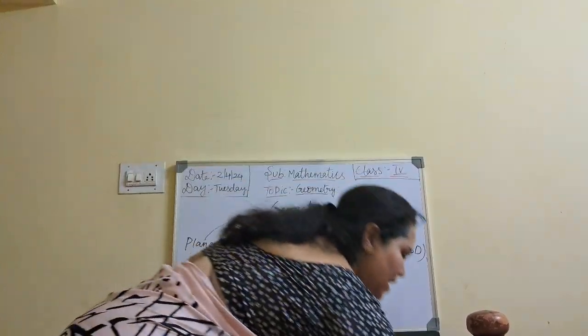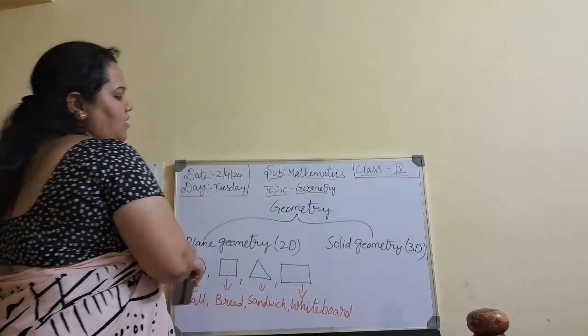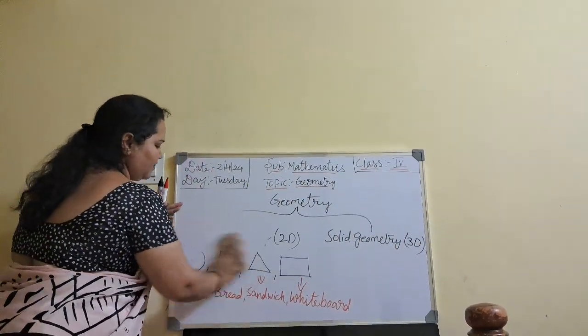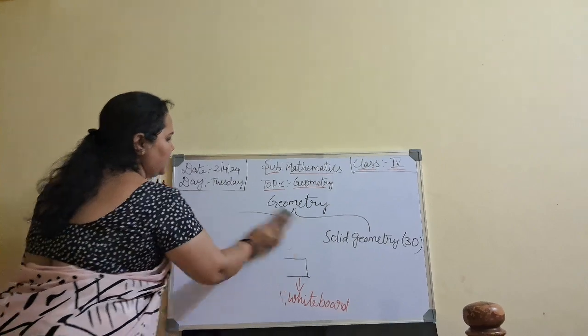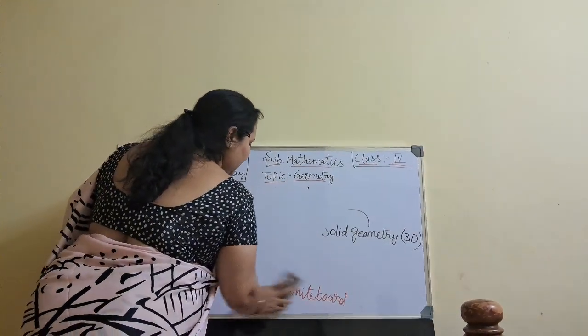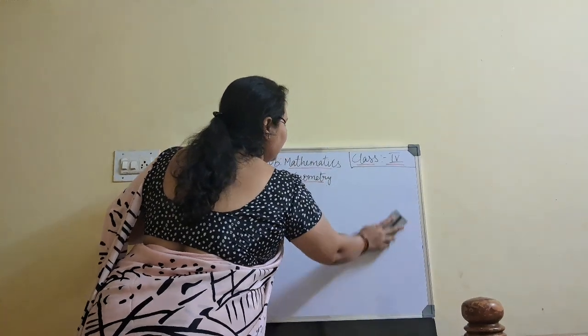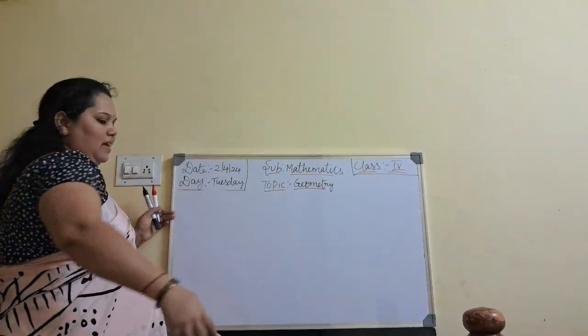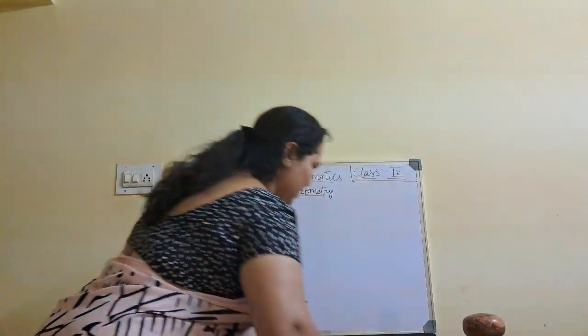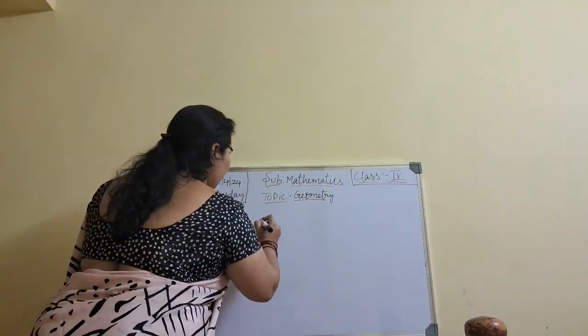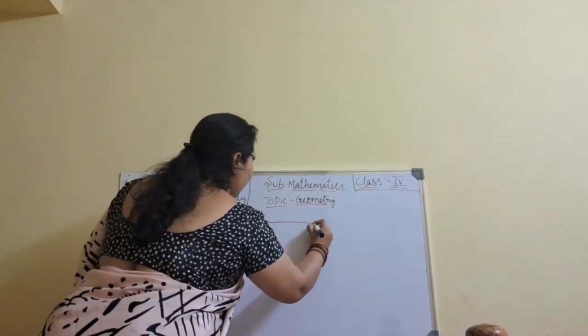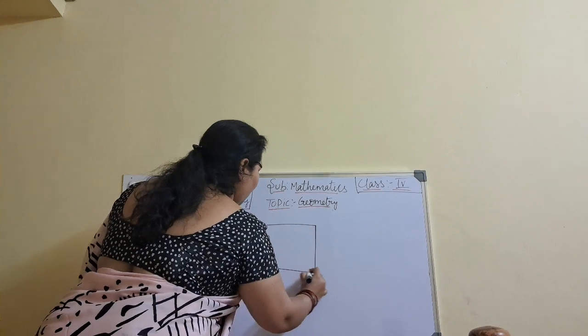Okay, now what is solid geometry? That is a 3D shape. What is an example of a 3D shape? Can you tell me? Yes, one is the cube, cuboid, and then cone.